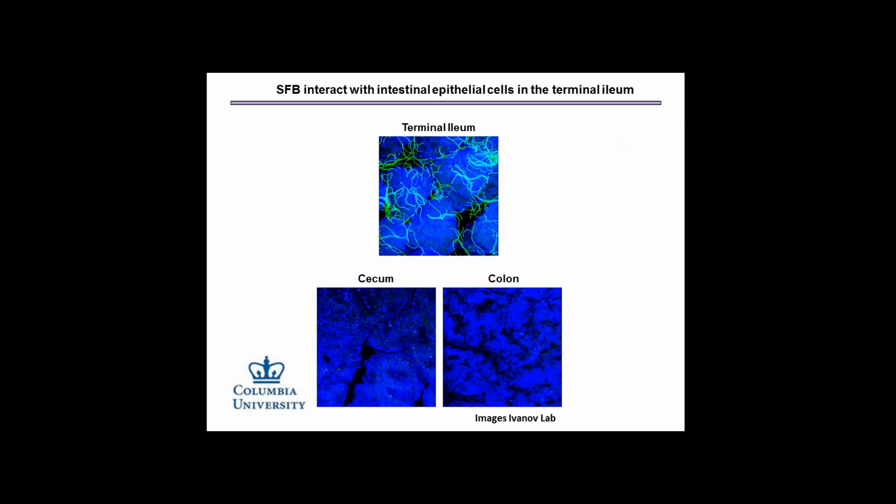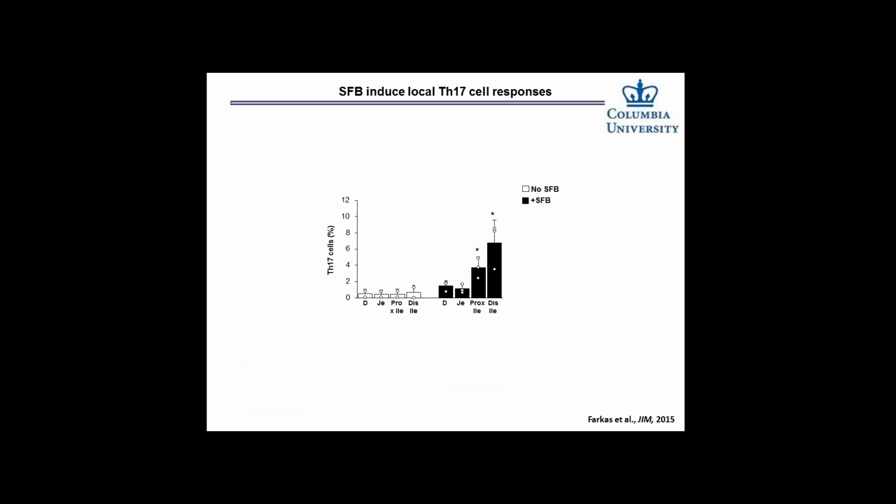And this is a demonstration to show you that SFB only binds to epithelial cells in the terminal ileum, but not in the cecum and colon, where it's also present in the luminal contents. Interestingly, this close interaction in this particular location leads to induction of Th17 cells, or an increase in the abundance of Th17 cells in that location as well.